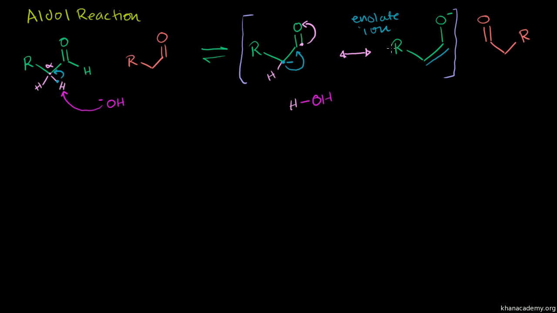But this enolate ion, especially this configuration of it, you can imagine it doing something like this. You can imagine this oxygen giving back the electron to the carbonyl carbon, to this carbon right here.